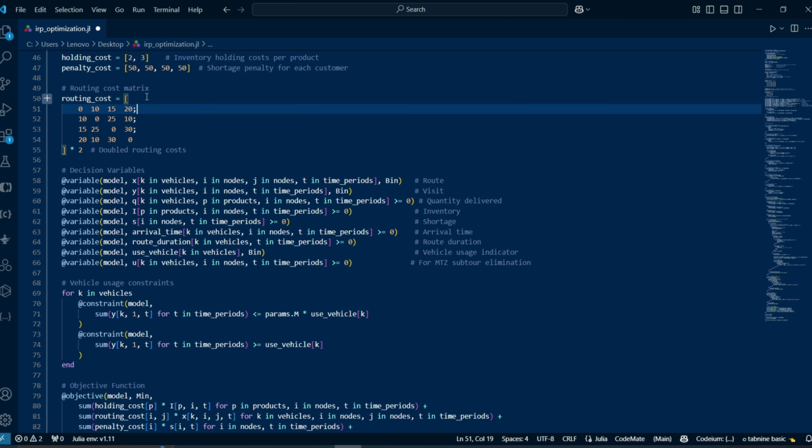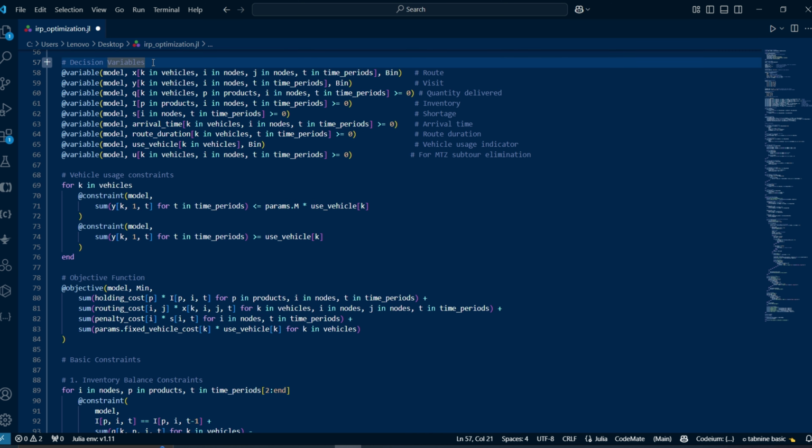Routing costs are represented as a matrix where each cell captures the cost of traveling from one node to another. For example, traveling from node 1 to node 2 incurs a cost of 10. To emphasize the importance of efficient routing, we have doubled all values in the matrix by multiplying it by 2. You can see here.